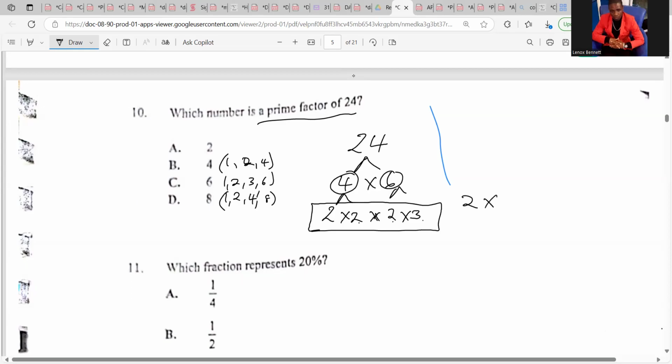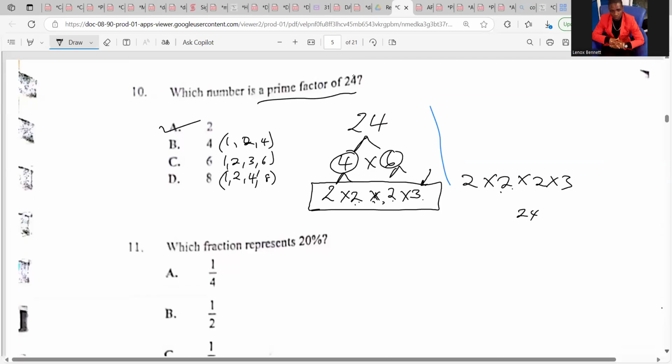Because when you multiply these numbers, you get the product of 24. 2 2s are 4, 2 4s are 8, and then 3 8s are 24. So when you actually do it, you get 24. So the only 2 options you could have are either 3 or 2. 3 is not there, so 2 is the only one.